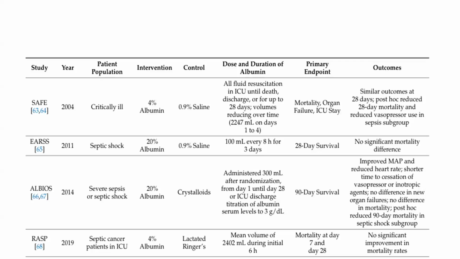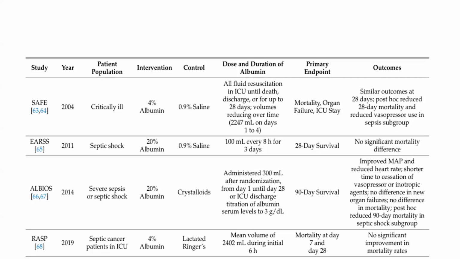Then the EAR study was published in 2011, which compared 20% albumin with 0.9% saline, and it showed no significant difference in mortality. Then the ALBIOS study was published in 2014, conducted in severe sepsis and septic shock patients.